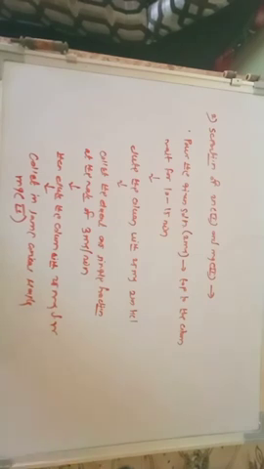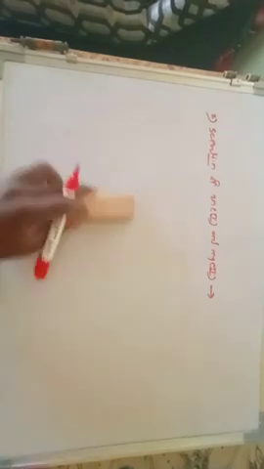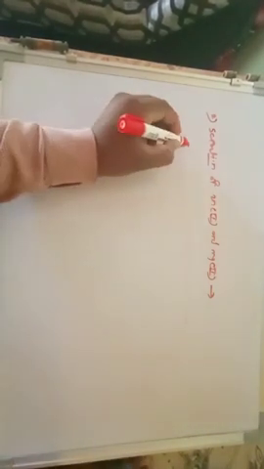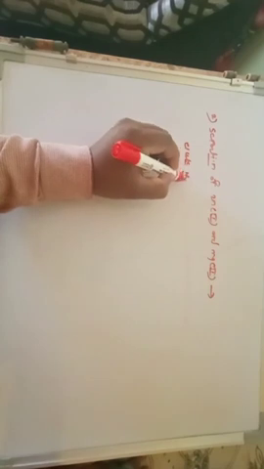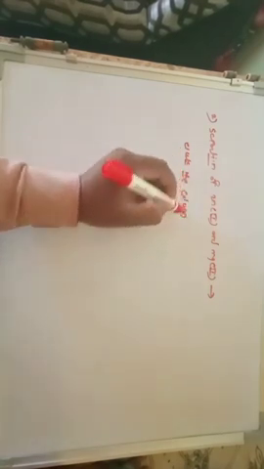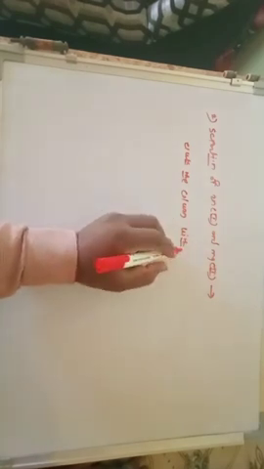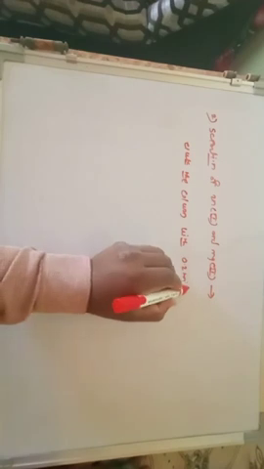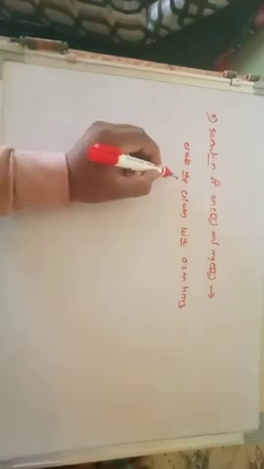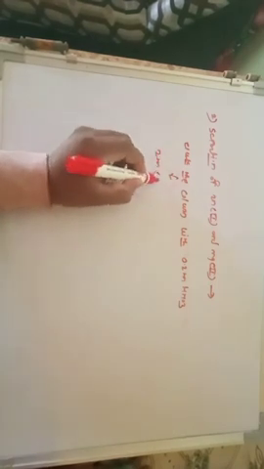Now the next procedure is that after separation of the magnesium, you have to elute the column again, first with 25 ml of 0.2 molar HNO3 solution, and then with 25 ml of 2 molar HNO3 solution.